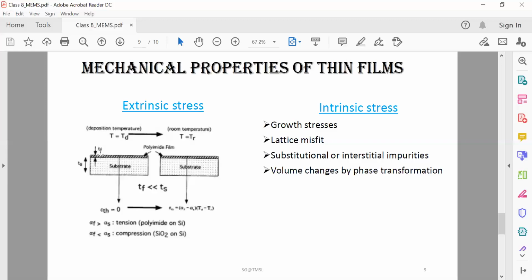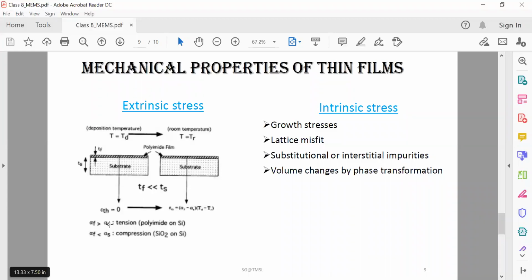Because of that, sometimes the stress will be developed at the interface between the deposited film and the silicon substrate. Now alpha F is the expansion coefficient of the film, and alpha S is the expansion coefficient for the substrate.